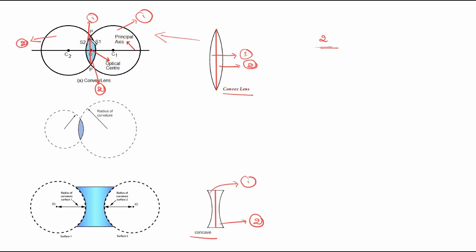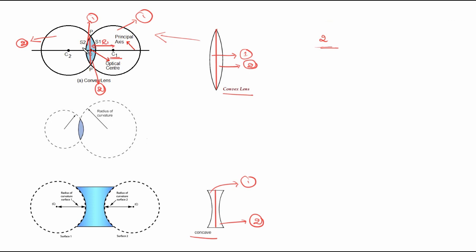Fine. So since the first part of the spherical surface forms the sphere on its right hand side, the center of curvature will also be located on the right hand side. Similarly, the radius of curvature will also be located on the right hand side.